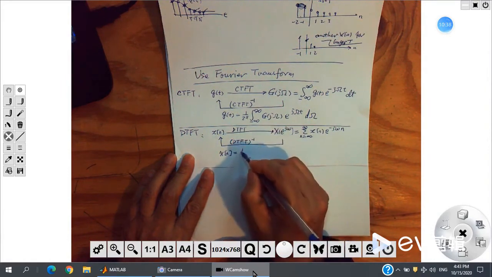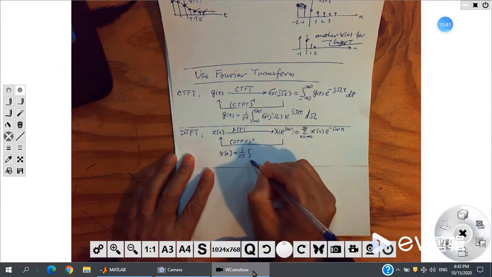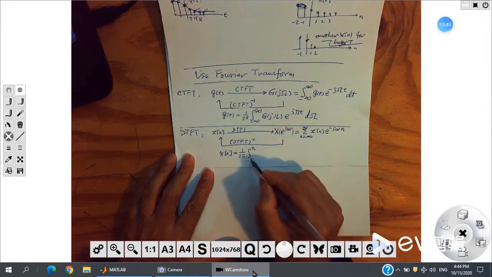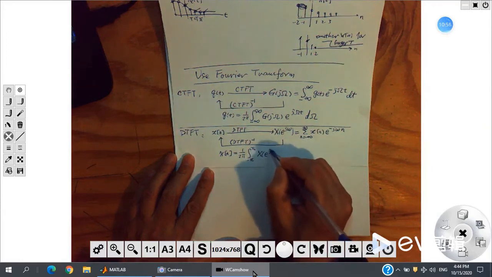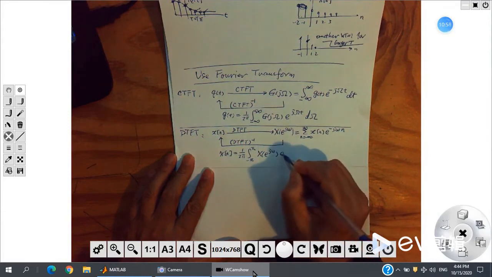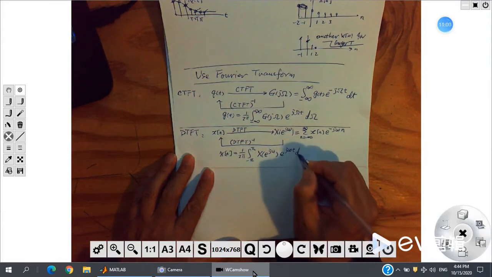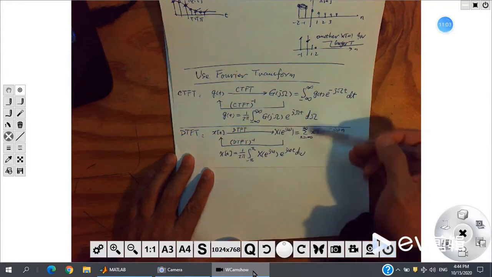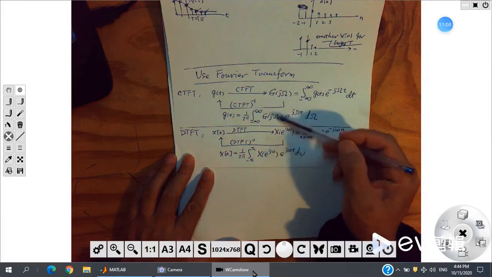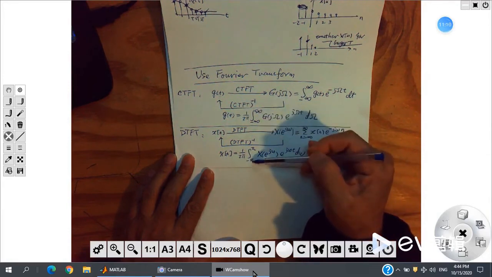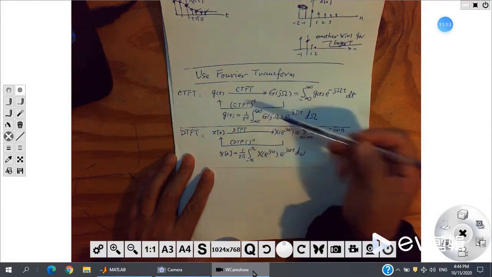This is also 1 over 2 pi, but the integral is over one period, like from negative pi to pi. You can also use 0 to 2 pi, one cycle of the angle. Here will be capital X of e to the j omega, times e to the j omega t d omega. So these two inverse Fourier transform formulas are almost the same. The only difference is that here it is from negative to positive pi, and there from negative to positive infinity.